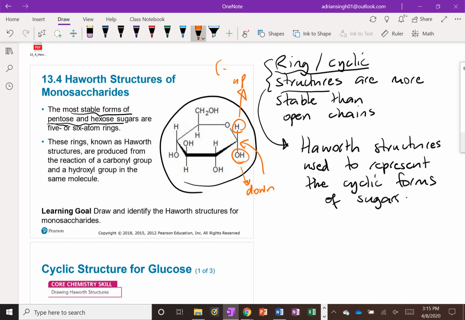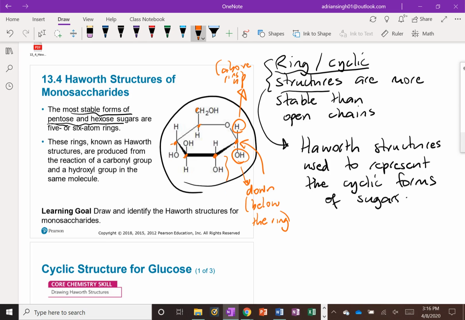They're either above the ring if they're pointing up, or below the ring if they're pointing down. So there's a carbon here, a carbon over here, a carbon there, another, and those are the 6 carbons, 1, 2, 3, 4, 5, 6 in this particular sugar.